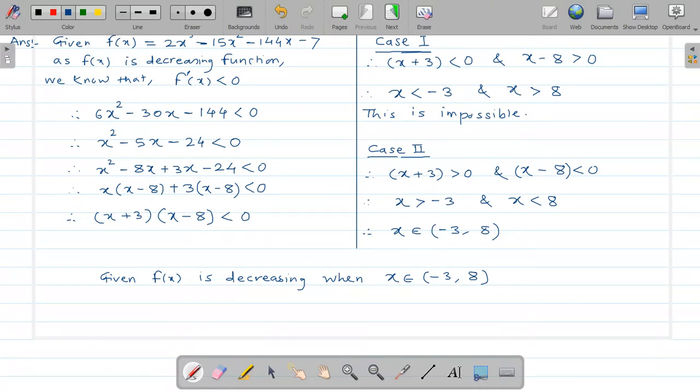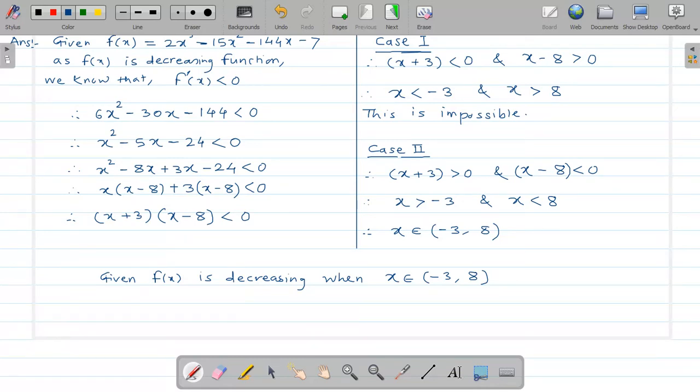So first of all, you have to consider that f dash x is less than 0. Then taking the derivative, you have to solve the equation, and as you get two factors, to get the product negative, you have to consider one number negative and the other number positive. And then case number 2, one number positive and the other number negative.